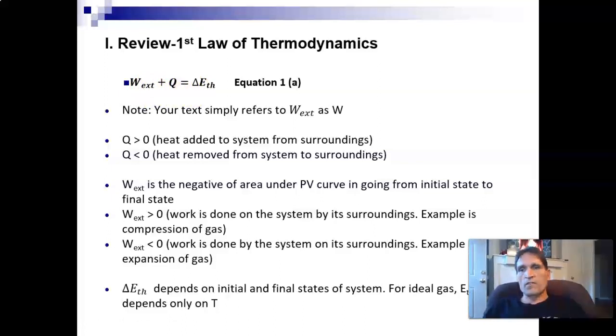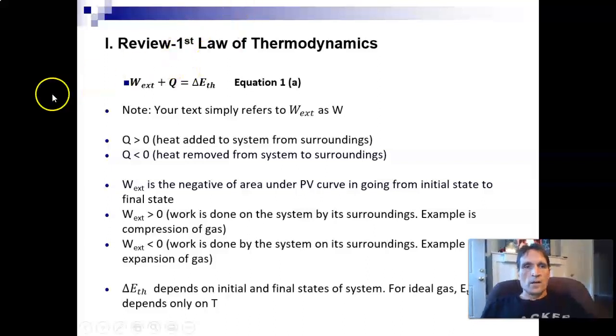And then we always have to be careful of the sign conventions, right? Positive values of Q imply heat added to the system from the surroundings. Negative values of Q refer to heat removed from the system or transferred to its surroundings from the system.